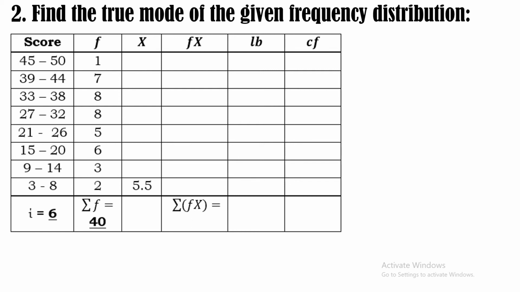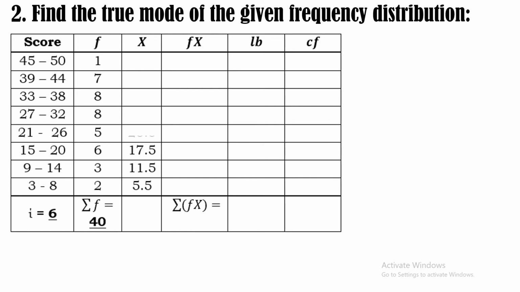For the class mark of the next class interval, we simply have to add the class size to the preceding class mark value. So that's 5.5 plus 6, we have 11.5. Plus 6 again, it's 17.5.